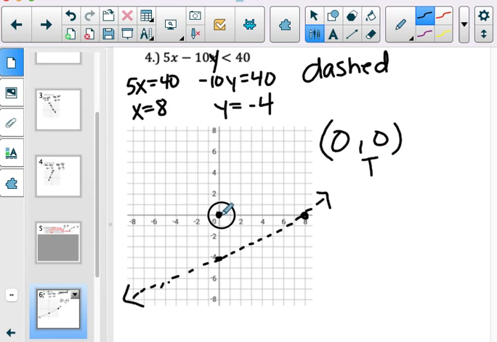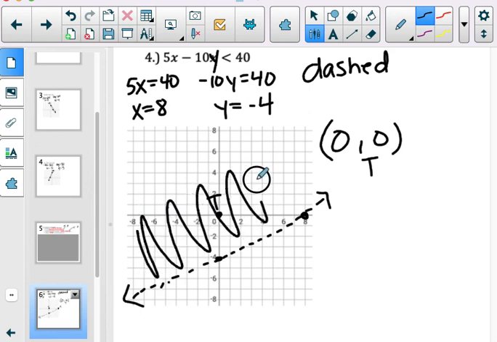Put a dot at 0, 0 on your graph and put a T there because that point is true. That is the side of the line we want to shade. Recall that if there's one point on that side that's true, that whole entire side is true. If 0, 0 would have been false based on our inequality, we would have shaded the other side of the line.